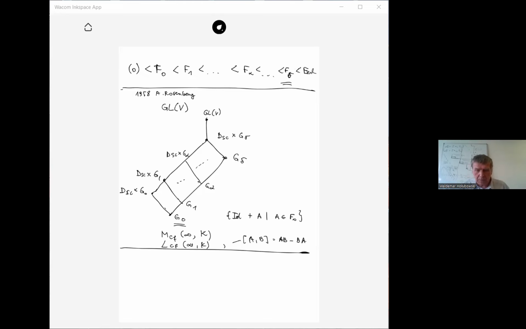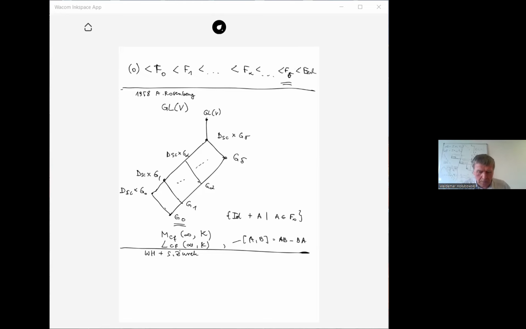And in my joint paper with my former PhD student, Sebastian Żurek, we find the exact answer.